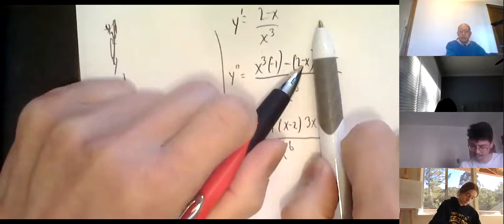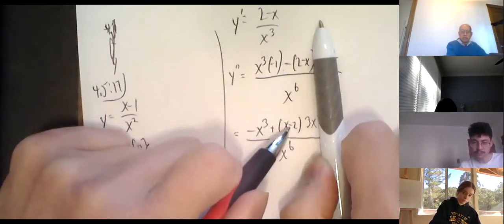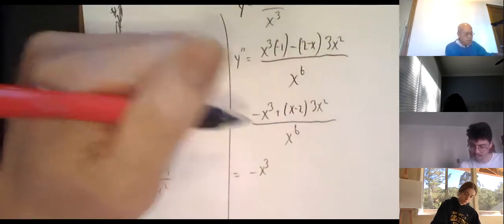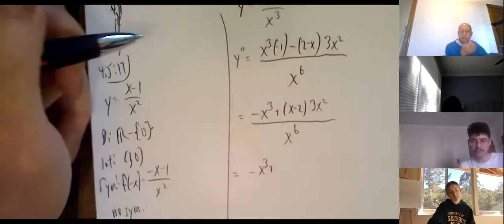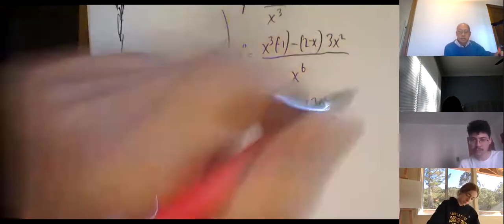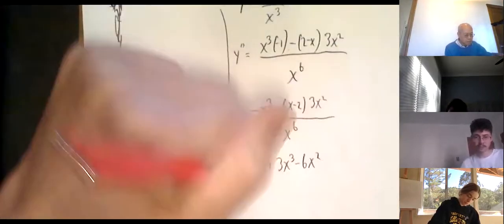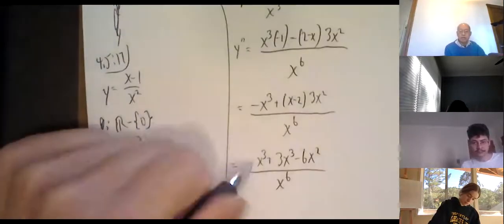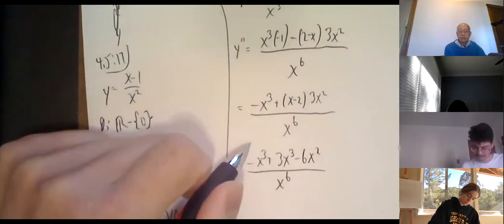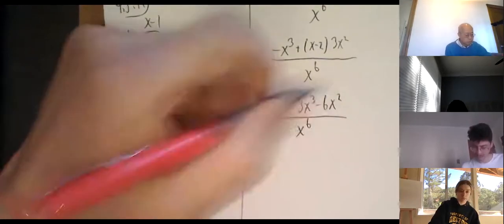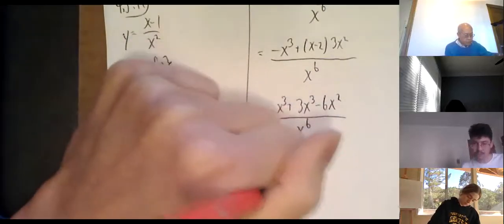Negative 2 minus x is the same as positive x minus 2. Okay. And then I'll distribute negative x cubed plus, let's see, 3x cubed, is that right? Minus 6x squared over x to the 6th. So that comes out to be 2x cubed, right? 2x cubed minus 6x squared over x to the 6th.